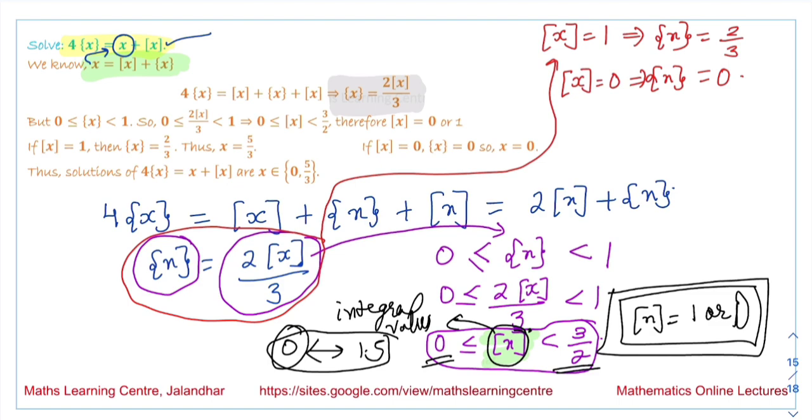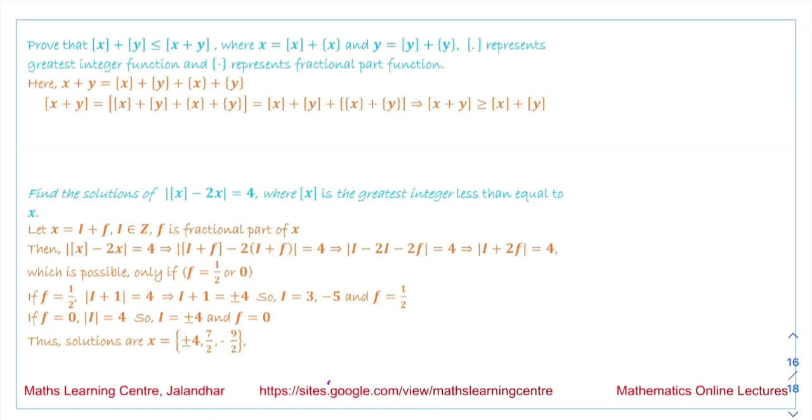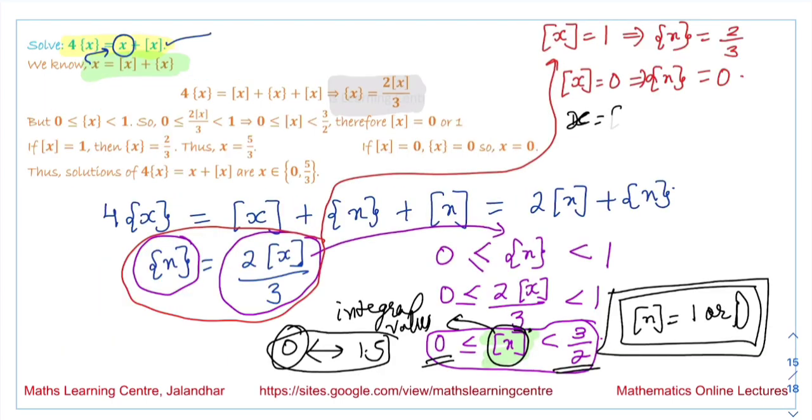So for the first case, the formula for the value of x is the greatest integer of x plus the fractional part of x. So for the first case we have 1 plus 2 by 3, that is equal to 5 by 3.